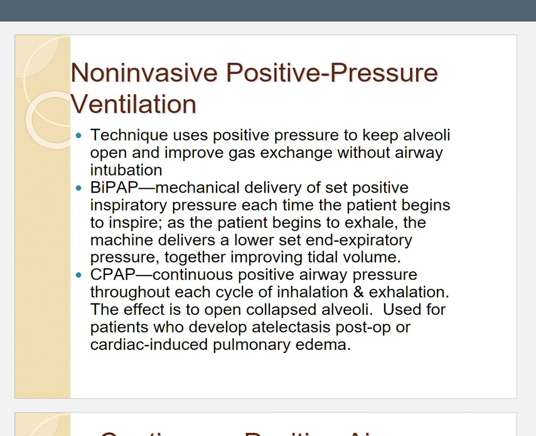All right, and then BiPAP is, you know, bi-level, sets two pressures, where your inspiratory positive airway pressure is high and your expiratory pressure is low, okay? So I just thought I would say it very simplistically, just to give you an idea of the difference between the two of them. So if you have any questions on that, just let me know.